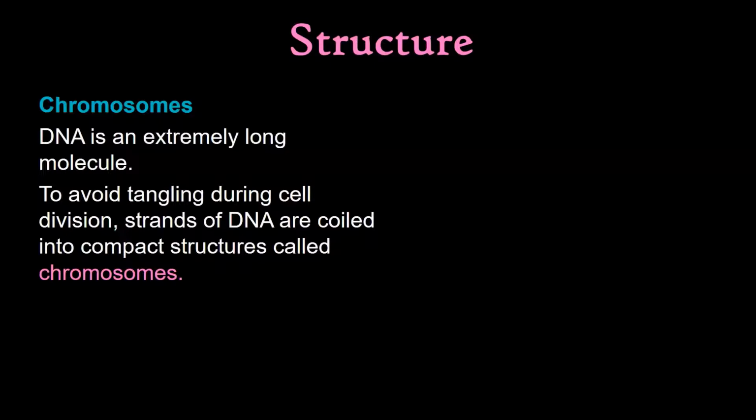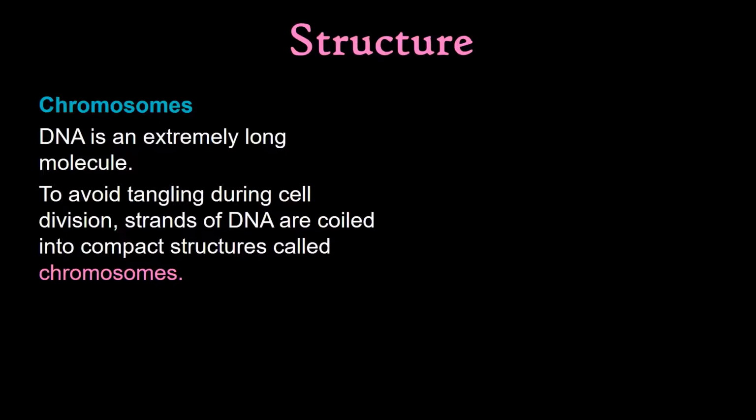Now, I find the easiest way to think of chromosomes is as being a little bit like a jumper. If anyone has seen a jumper being knitted, you'll know that you start with a very long strand of wool, and it gradually gets knitted together into this very compact shape called the jumper, but the jumper is made up of this long string.